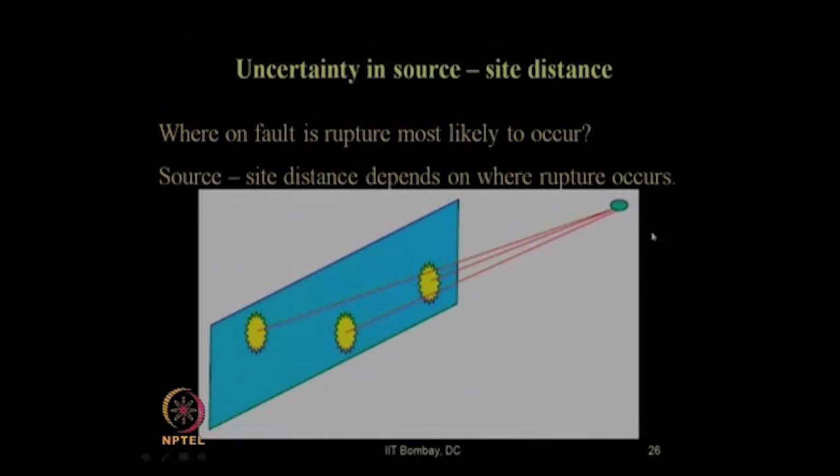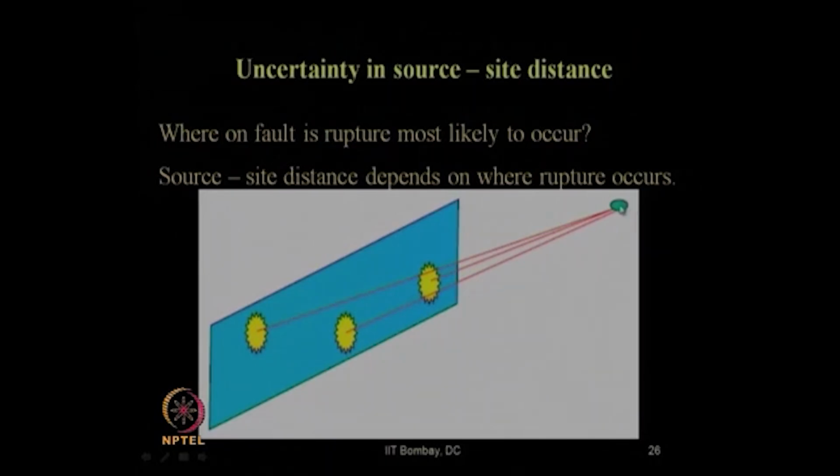So, you can see over there, this is your site for which you are going to find out the hazard parameter and say this is our fault, say this is an aerial fault like this. Okay? This point may be having more chances of opening or rupture, this point may be having more chances, may not be this point. So, why give equal weightage to all the points like we have given in DSHA?